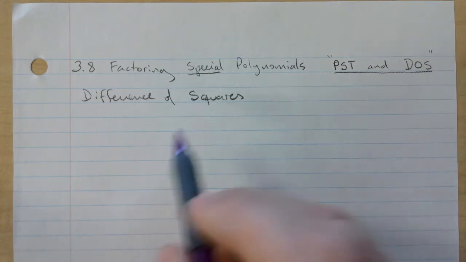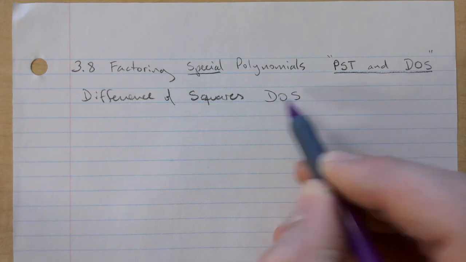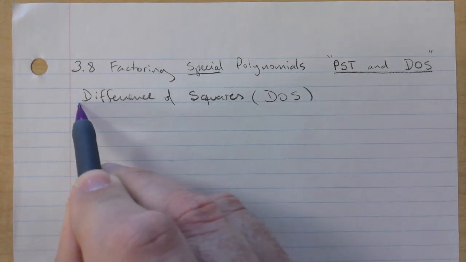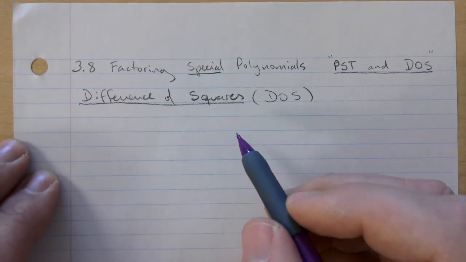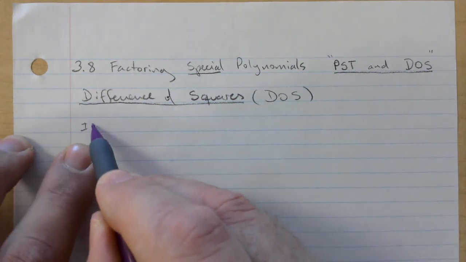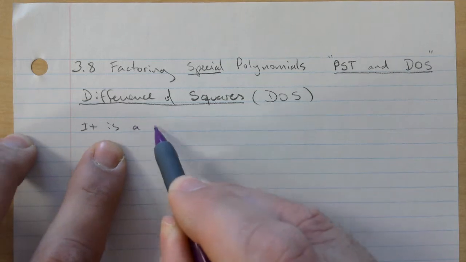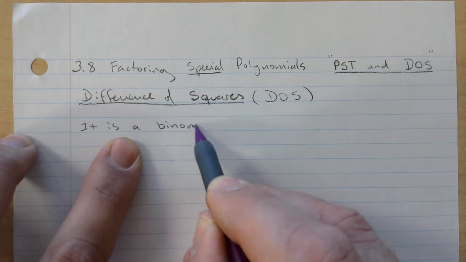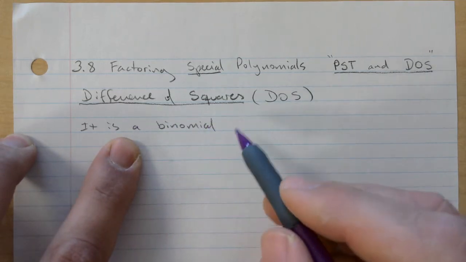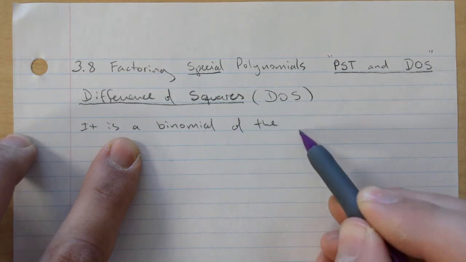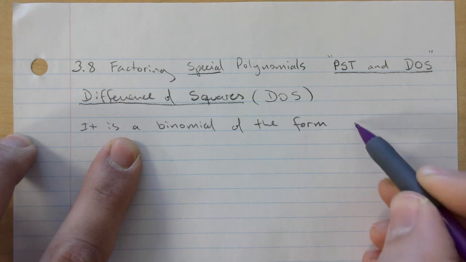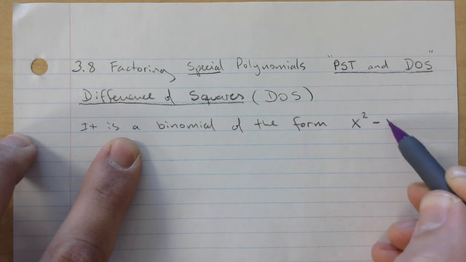Okay, difference of squares. It is a binomial of the form x squared minus y squared.